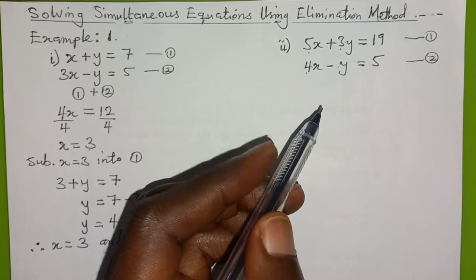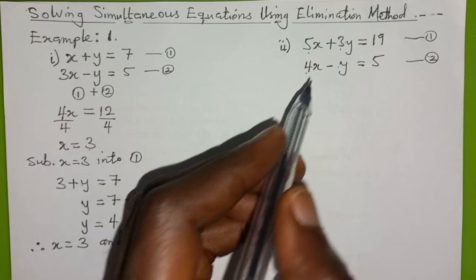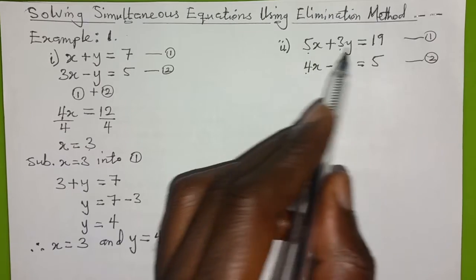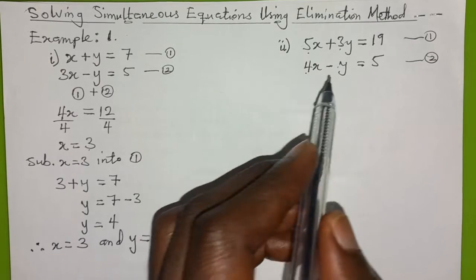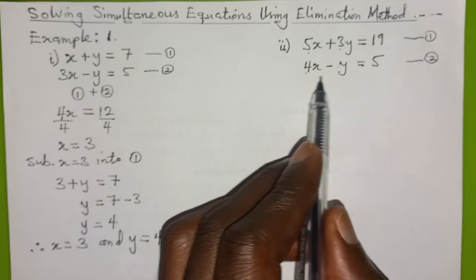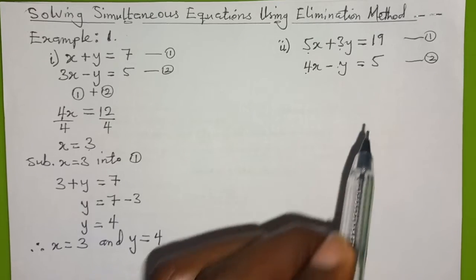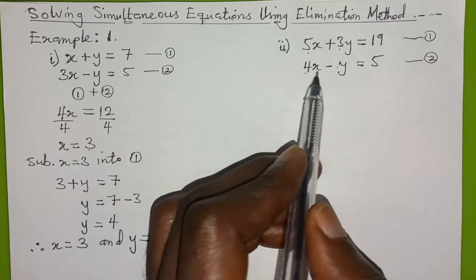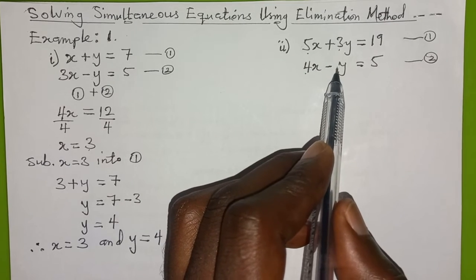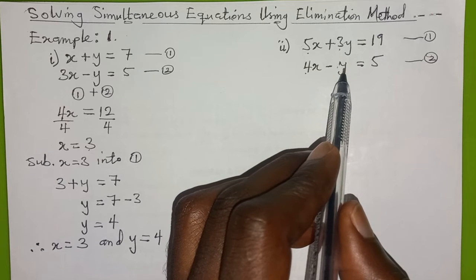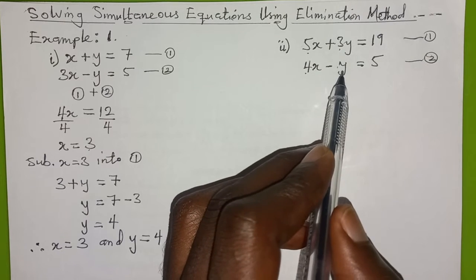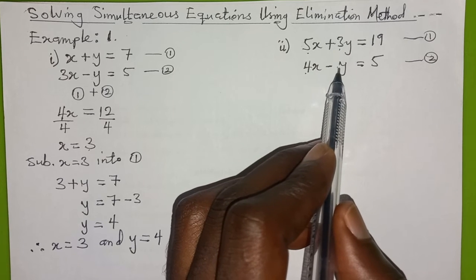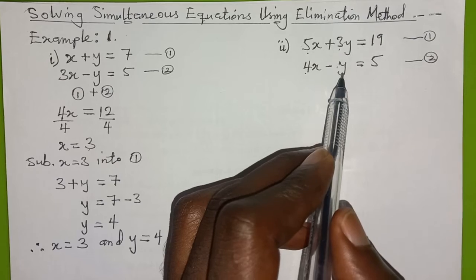So what we need to do here is to multiply the whole of equation 1 by 1, and the whole of equation 2 by 3. We want to do that because when we multiply equation 2 by 3, this will become negative 3y. So it will be easier for us to eliminate because we will have 3y in equation 1 and then negative 3y in equation 2. Let us do that.